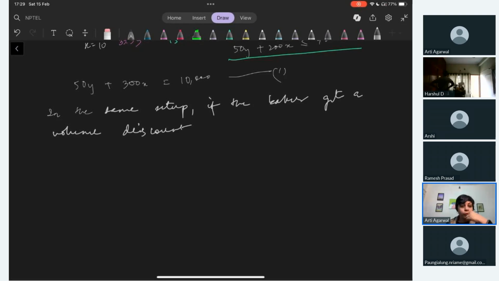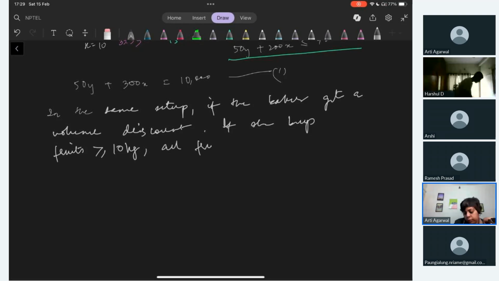Okay, so she's getting a volume discount now. So if she buys fruits greater than or equal to 10 kg, all fruits cost 200. So it's no longer slab wise pricing.